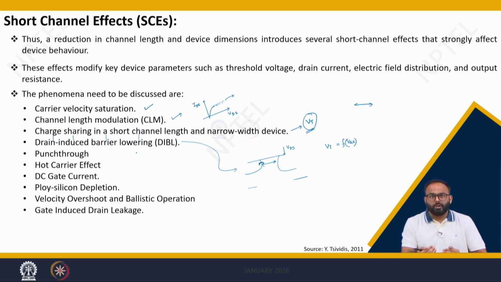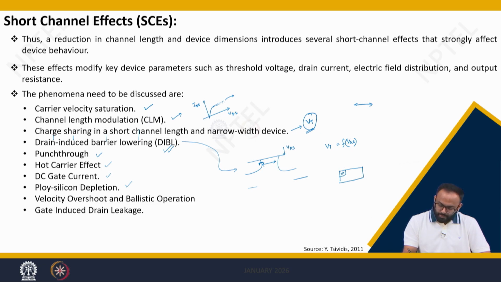If the barrier is lowered, more electrons will come from source to channel, and hence the threshold voltage will decrease. That is an important effect we will discuss in subsequent lectures. There are others like punch through, hot carrier effect, DC gate current, polysilicon depletion. In general, the gate metal of a MOSFET can be replaced by a polysilicon layer also.